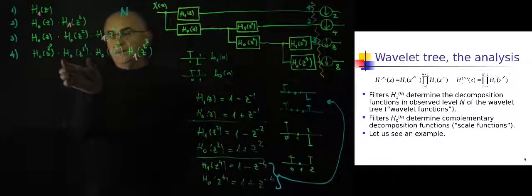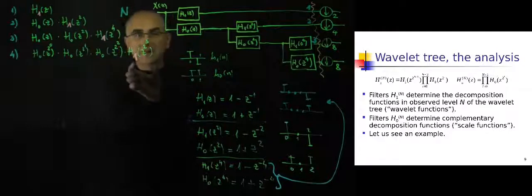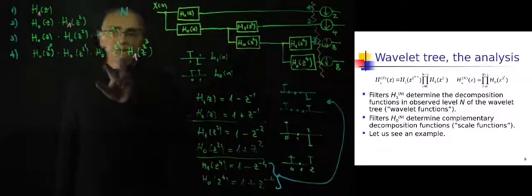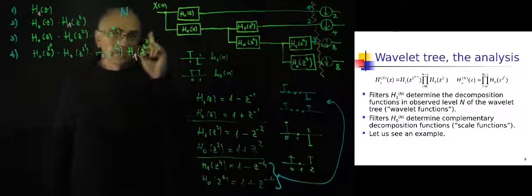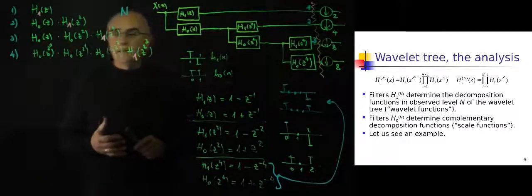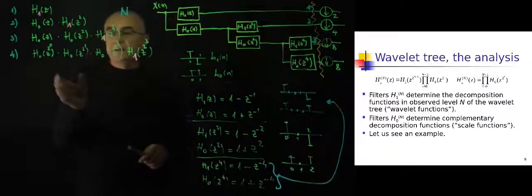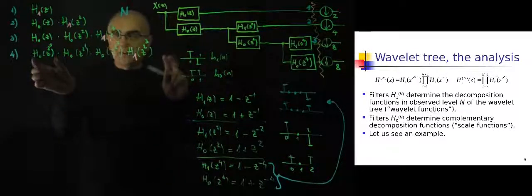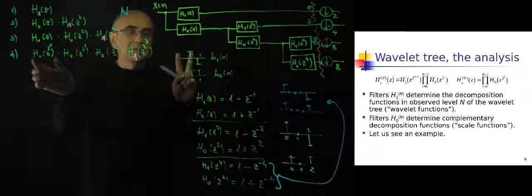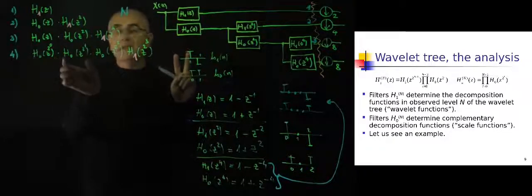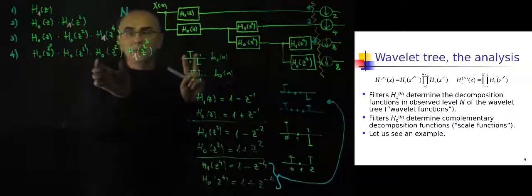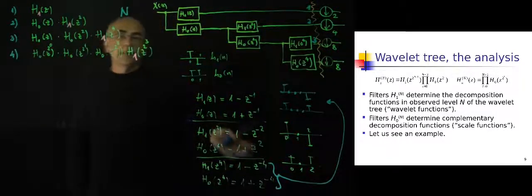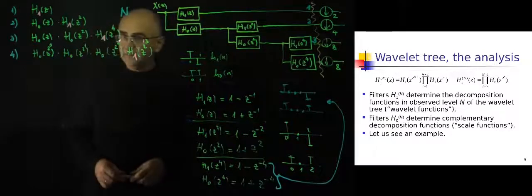This one has higher order than that one, but in our example, if this one had 2 non-zero samples, this one also had 2 non-zero samples, and so forth.